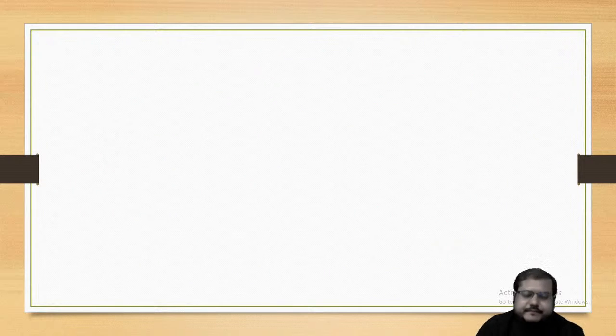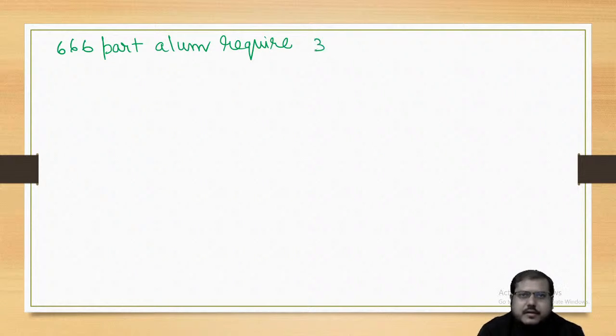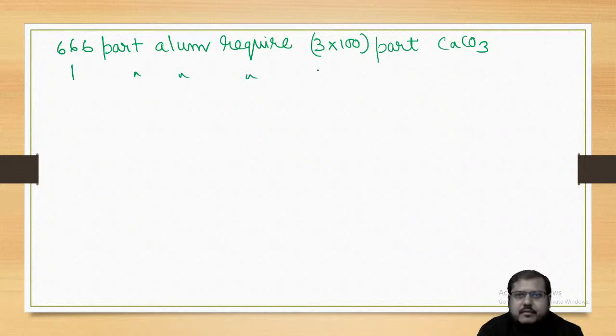So we can say that 666 part alum required 3 into 100 part calcium carbonate, 1 part alum required 300 by 666 part calcium carbonate.